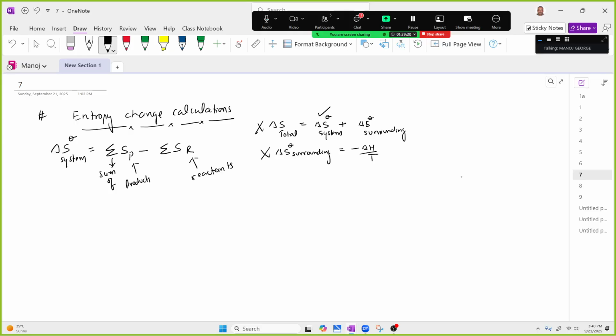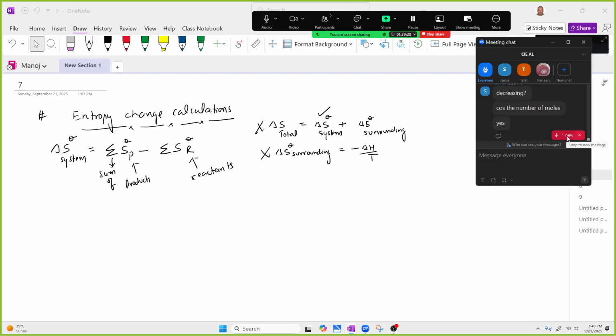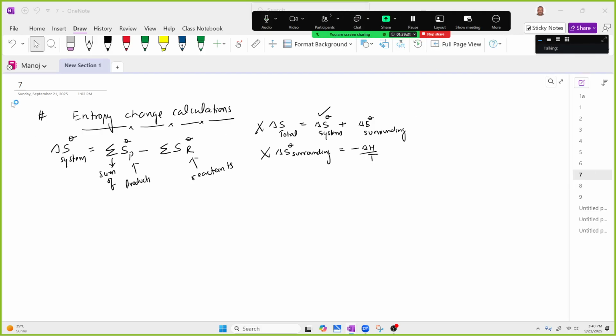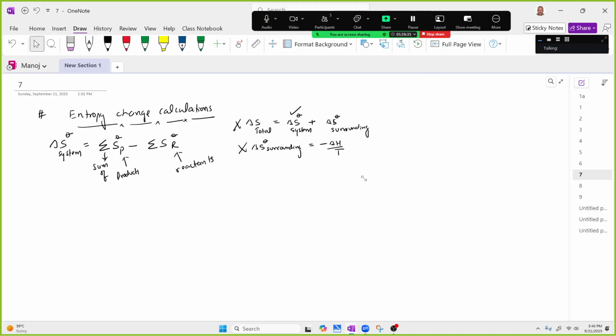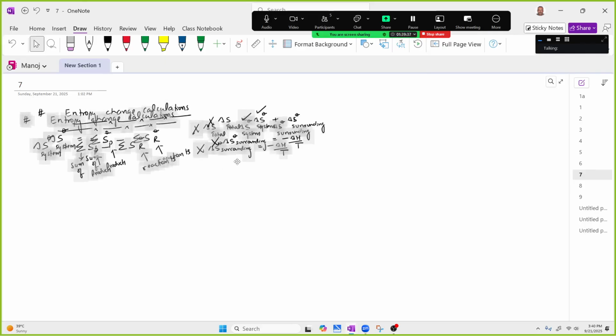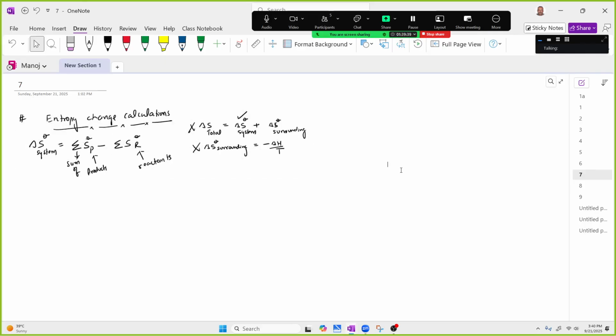Very simple formula. So this is the formula that you should know. Let me know if you're ready. We'll do some questions. If you're ready, we'll start.